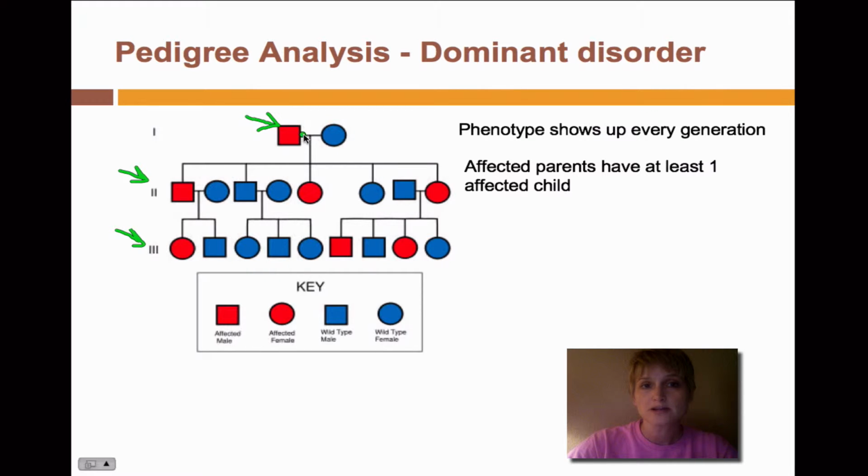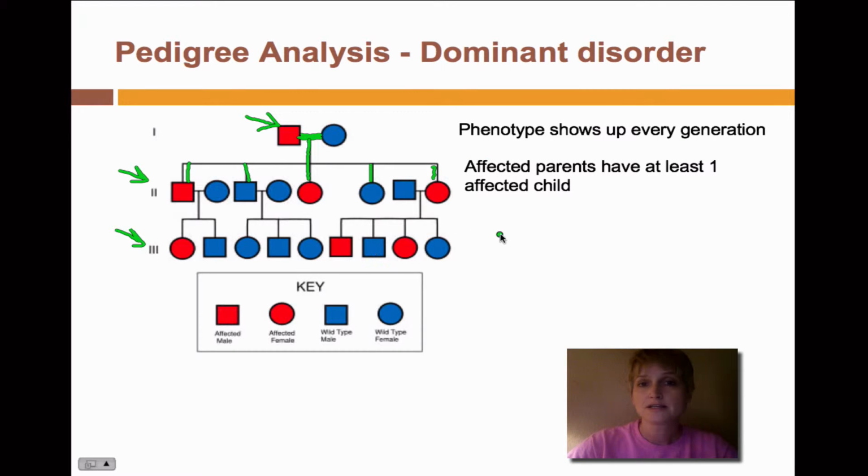And these are parents. We can tell that by this horizontal line. The vertical lines coming down indicate the children of those parents. So this is generation 1, and if you look at generation 2, these parents have 1, 2, 3, 4, 5 children. 3 of those children are affected by the disorder, but 2 of those are not affected by it.